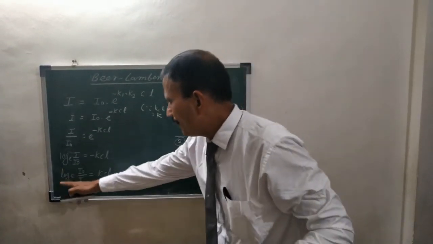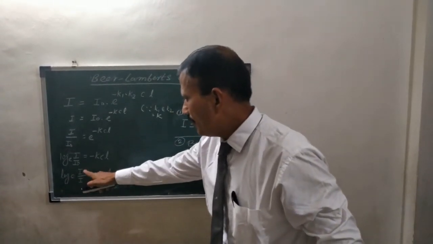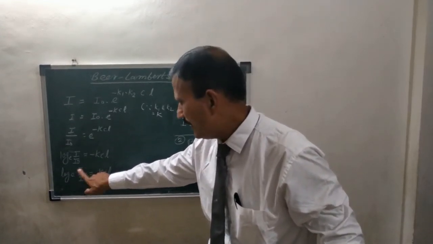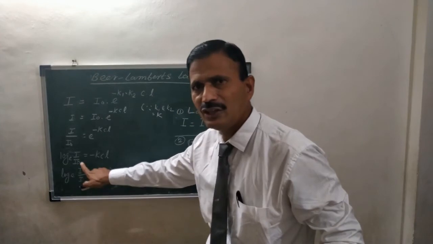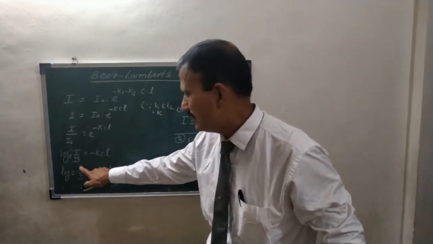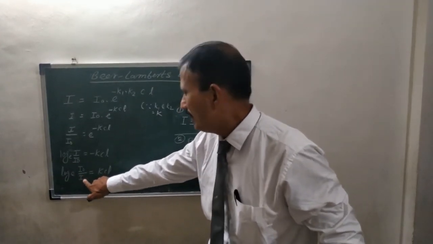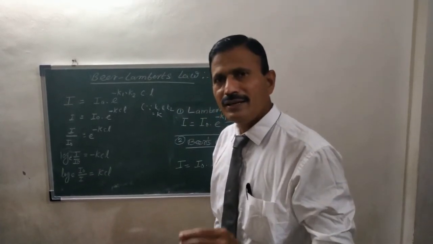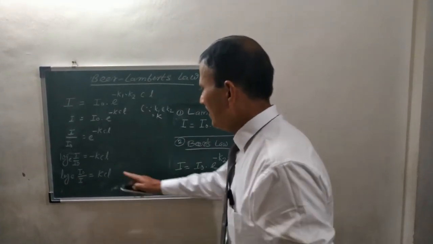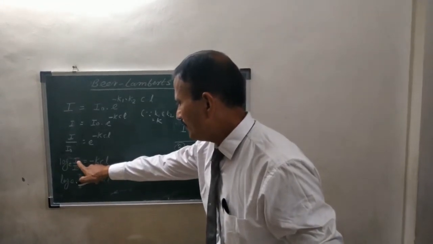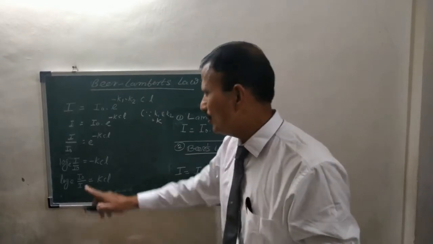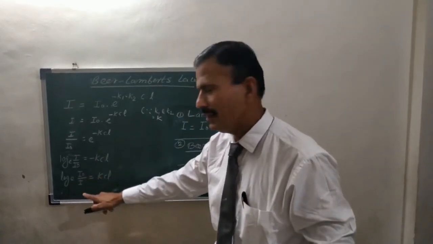This logarithm of the ratio of light incident to transmitted is nothing but absorbance, and the ratio of transmitted light to incident light is called transmittance.